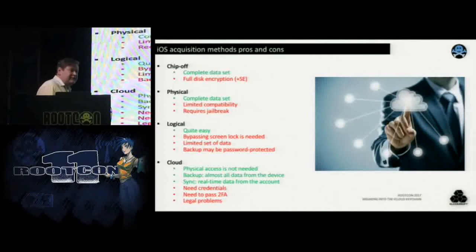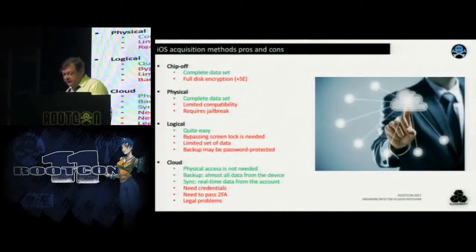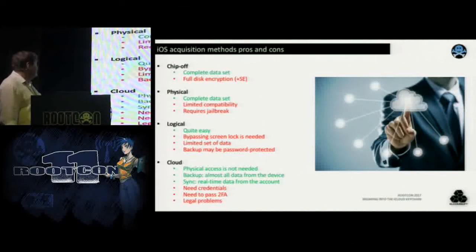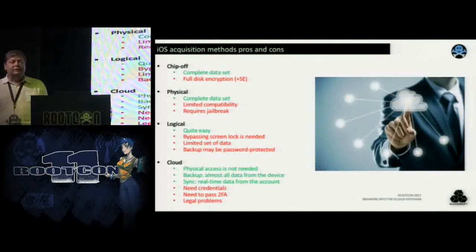Speaking of computer forensics, there are different methods to extract the data from a smartphone when performing an investigation. The most common method, used before the iPhone for many other devices, mostly Android ones, is the chip-off. You remove the memory chip from the device, insert it into special hardware, read the complete memory, and that's it. You get everything.